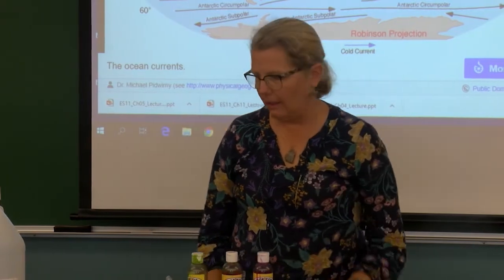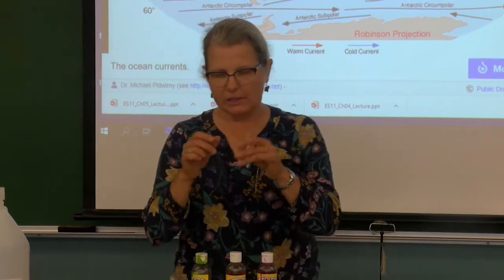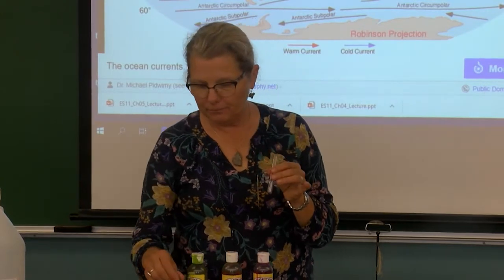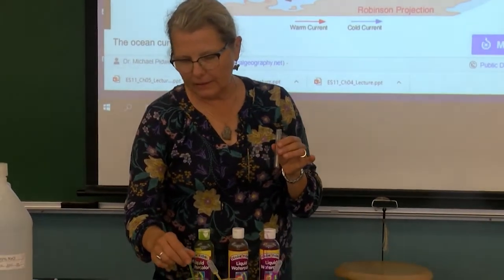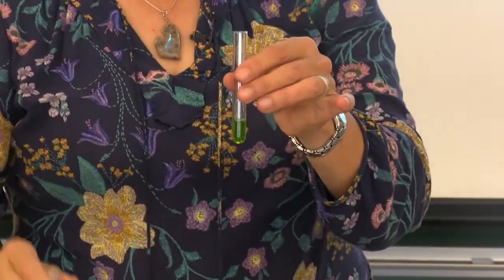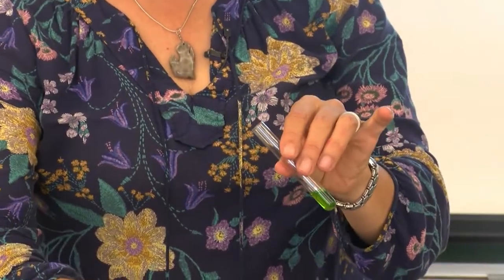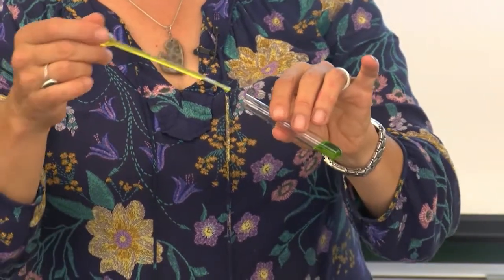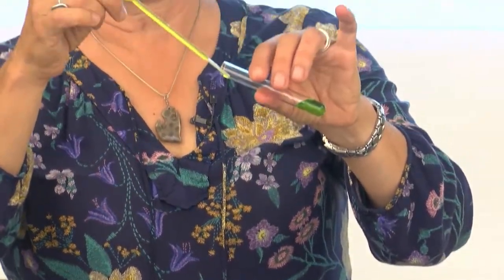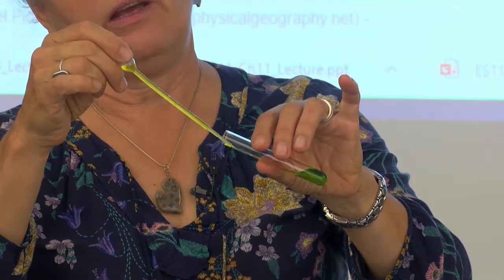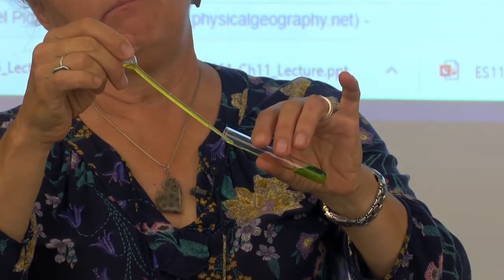All right, let's see. So how does salinity affect density? I'm going to just take a test tube, and let's see what happens when I start out with the tap water. Okay. And then I put the 50% saturated, and let's see. Now I'm going to squirt this, I'm going to put this in very, very peacefully.